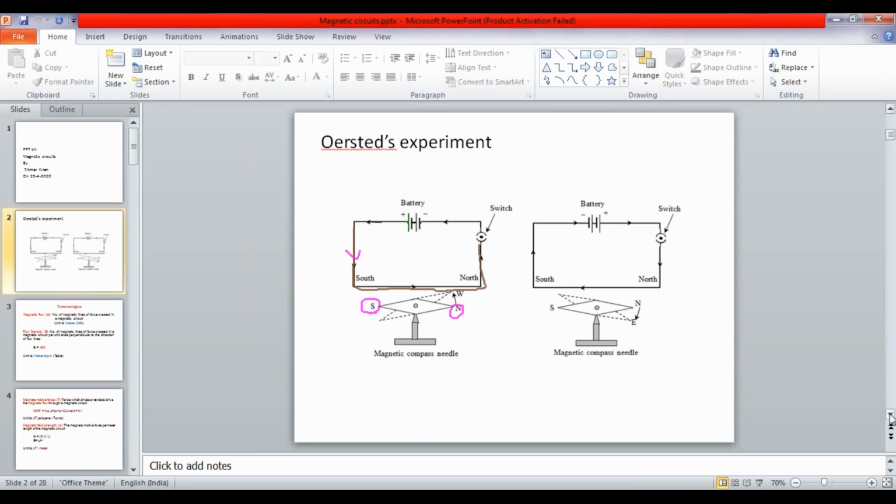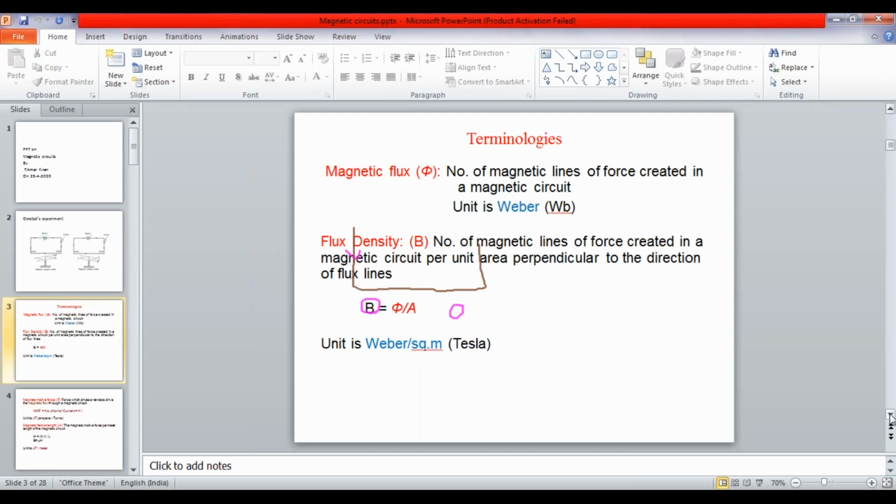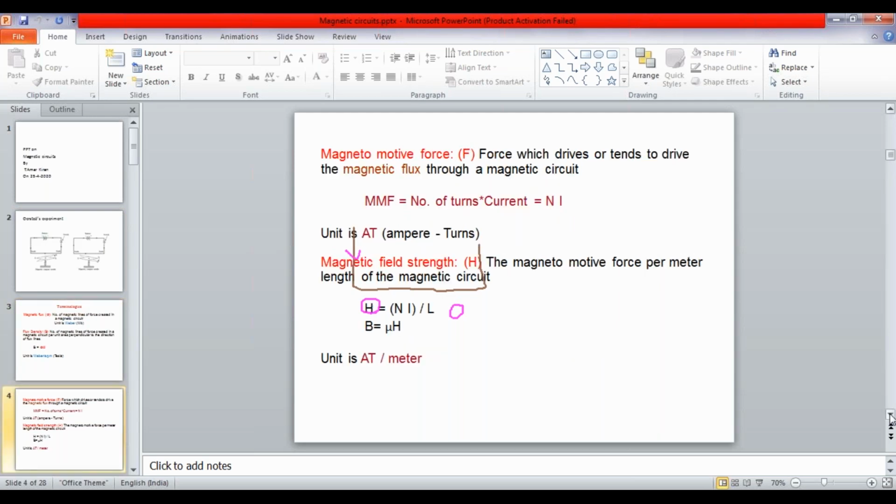Fine. Now after seeing some of the basics of magnetic flux and flux density, B, flux density B is equal to mu into H, as you are seeing here.